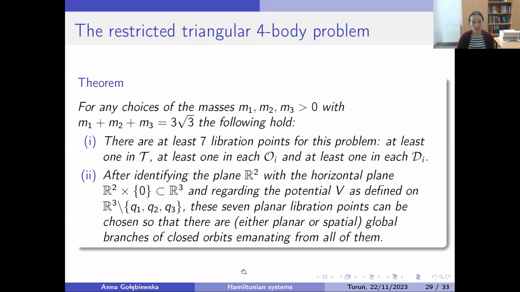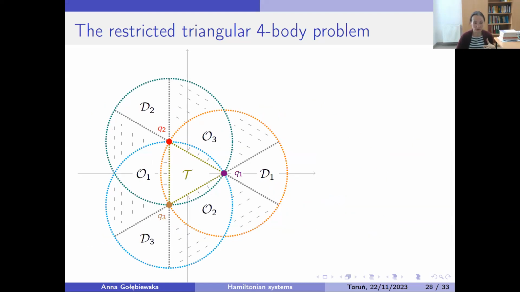The theorem we can prove is that for any masses whose sum is, in some units, equal to this number, we know that there are at least 7 libration points for this problem. This corresponds to our stationary solutions, 7 because we have 7 important regions: T, O1, O2, O3, and D1, D2, D3.